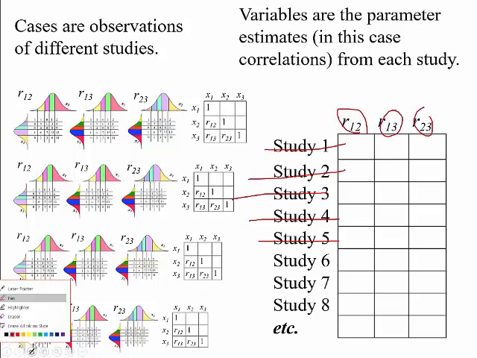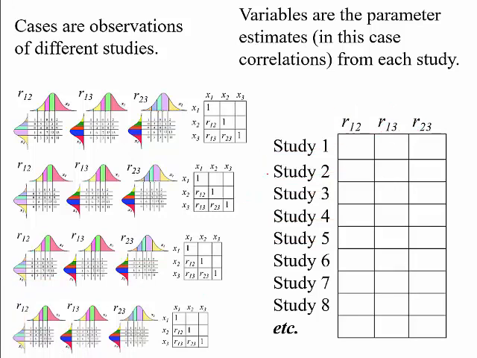So imagine that I had a data set like this. Let's imagine we plugged this into SPSS or something like that, that maybe it could handle an infinite number of rows. This is all hypothetical, of course, but imagine we could plug in a data set with one row for every study we did where we replicated our study over and over again. And we had, say, just 3 columns here.